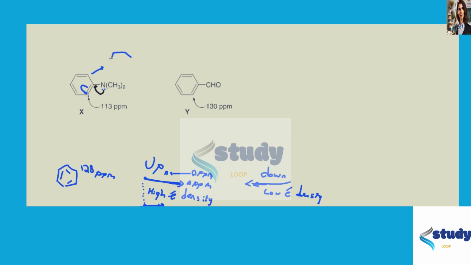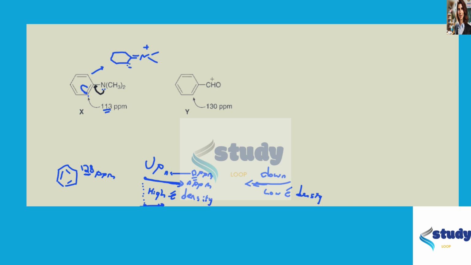So we can form a resonance structure with a positively charged nitrogen and a negative charge on this carbon. The increased electron density makes this carbon more shielded, so it's going to absorb upfield, getting closer to 0 ppm. So it's going to be less than 128 ppm. That is why it's at 113 ppm.